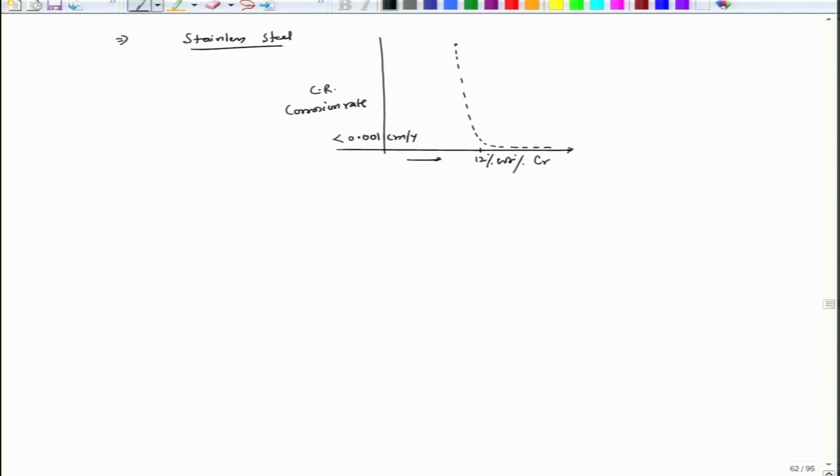Okay, which is a very low corrosion rate, and that happens because we have Cr2O3 film formation.